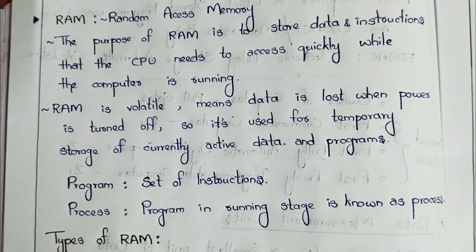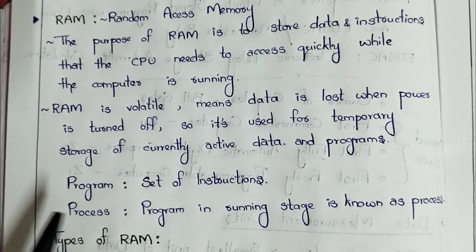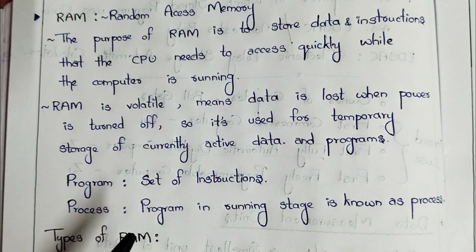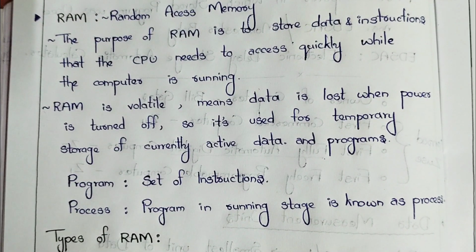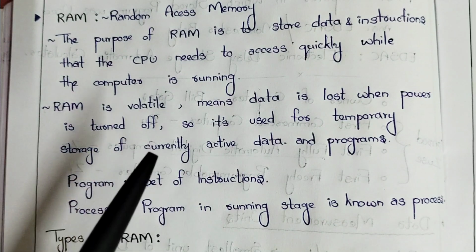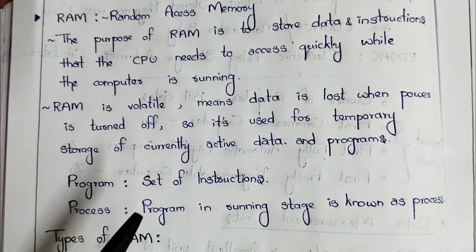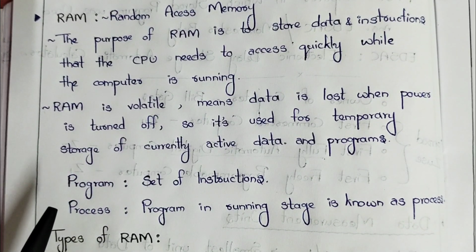Anytime you are playing a video game, let's say, all the data that is related to the game is the data that your computer's processor needs. Let's say your CPU needs the data of the game, right?